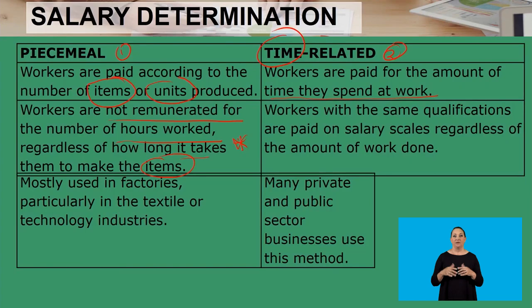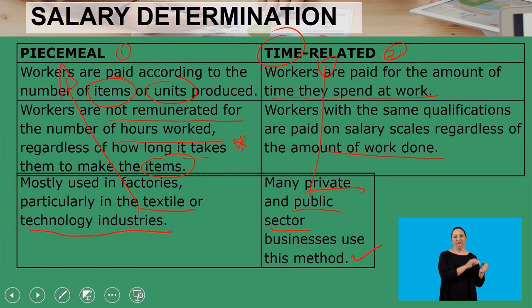It says here, workers with the same qualifications are paid on salary scales regardless of the amount of work done. Many private and public sector businesses use this method, whereas with piecemeal, it's normally the textile or technology industries that use that method.